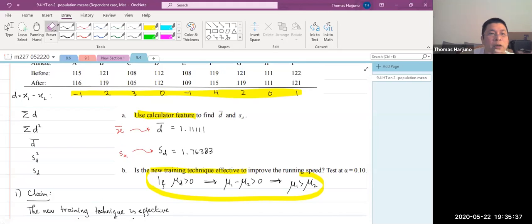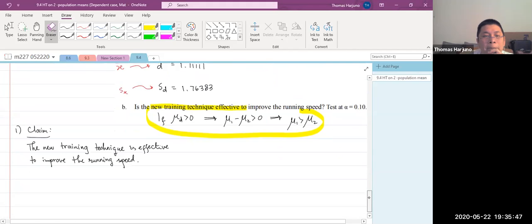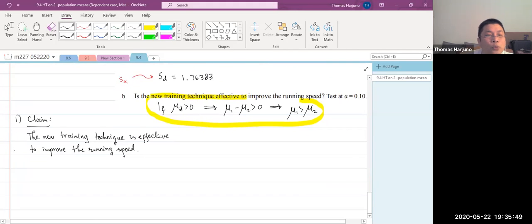Let me erase this. And then the hypotheses. Null hypothesis, alternate hypothesis.